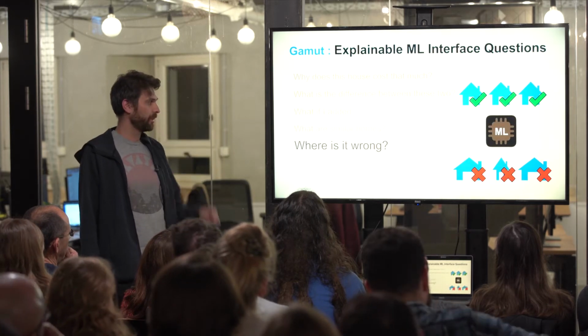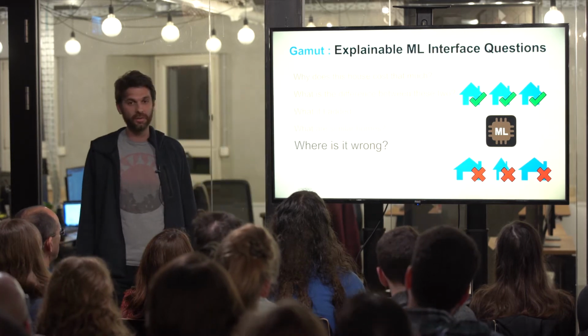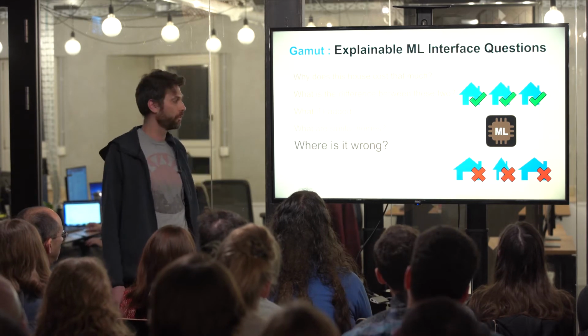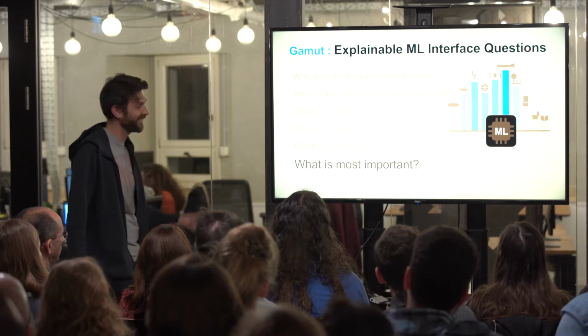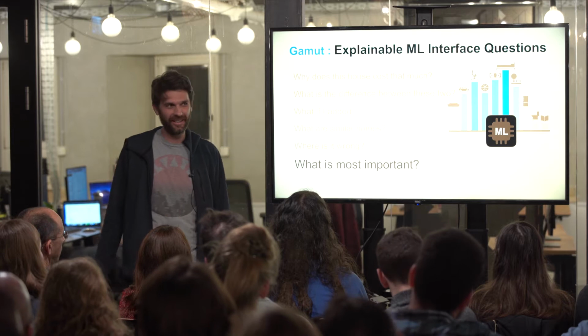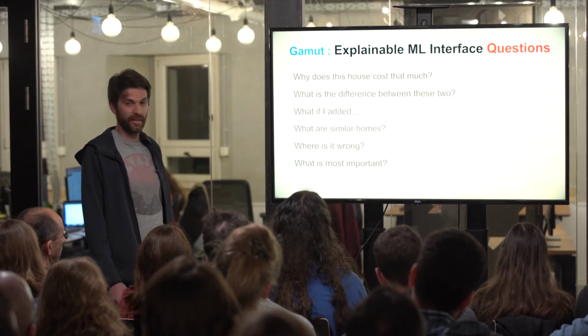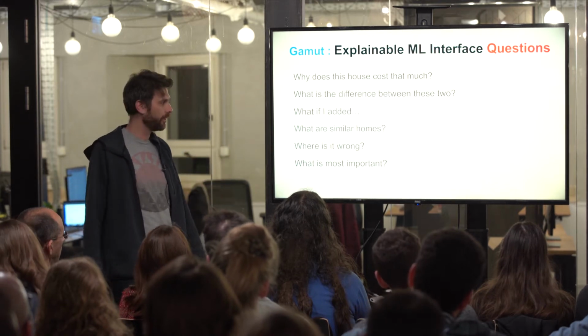And the last one, and maybe the most curious for some of us, is where is the model getting it wrong? Where is the model not pricing the houses according to their true price? Those were, I missed one: what is the most important factor for pricing a house? So those were the questions that arose from this study group.